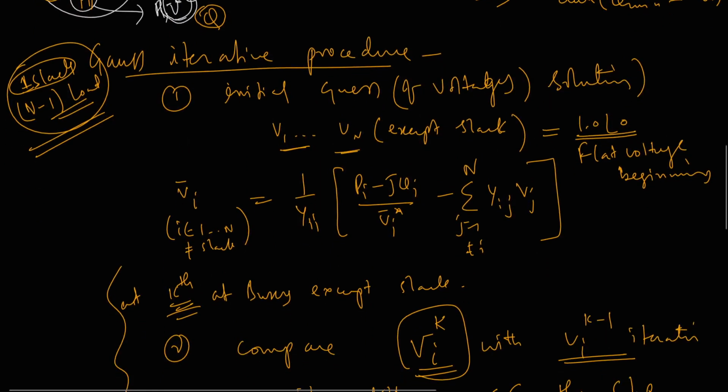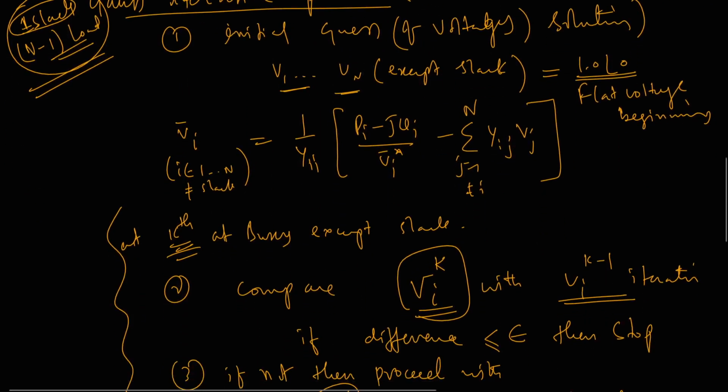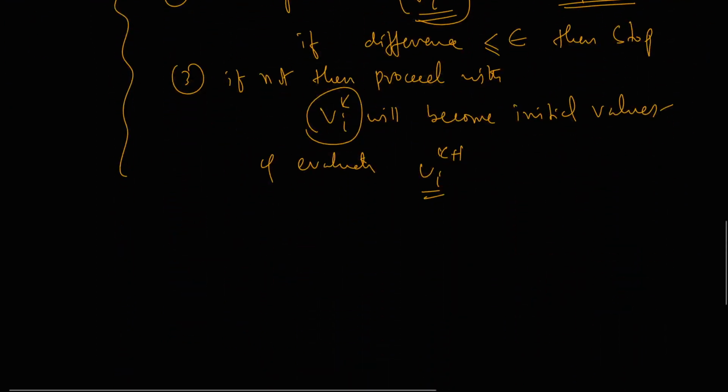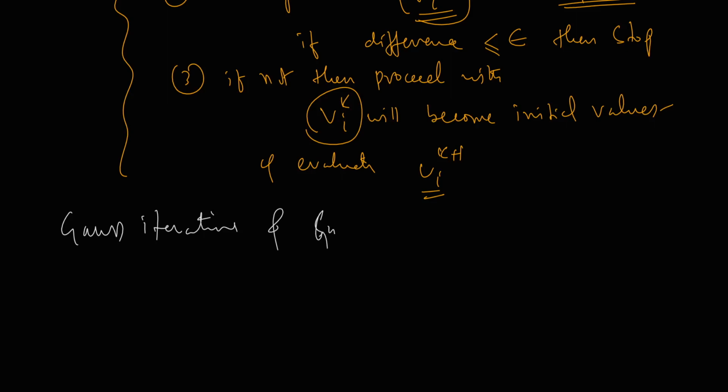Okay, but there is a small deviation with respect to Gauss iterative and Gauss Seidel load flow. Gauss Seidel and Gauss iterative. What is the difference?